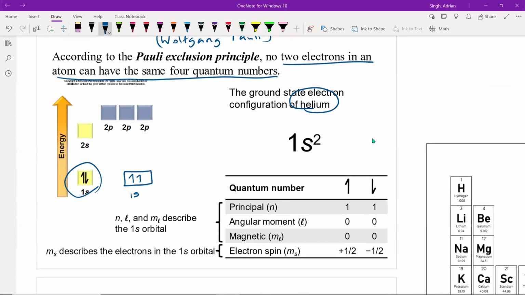What this pointing up indicates is the electron spin. The orientation up, by definition, means that the spin is plus 1/2.